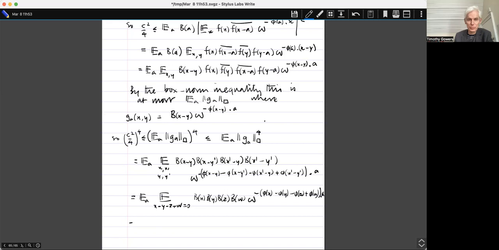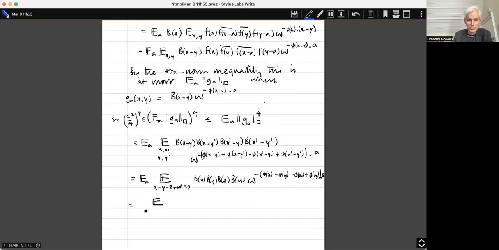So this is equal to the average over all x, y, z and w such that x minus y minus z plus w equals 0 and phi(x) minus phi(y) minus phi(z) plus phi(w) equals 0. So then I just write this b(x), b(y), b(z), b(w).